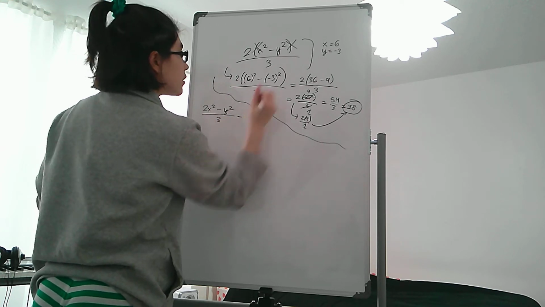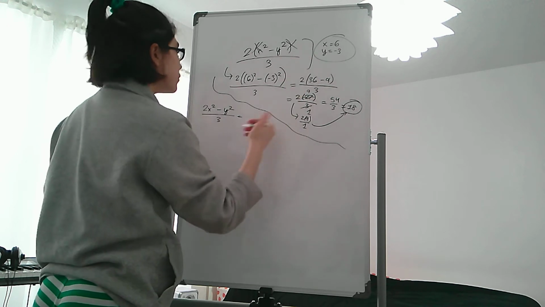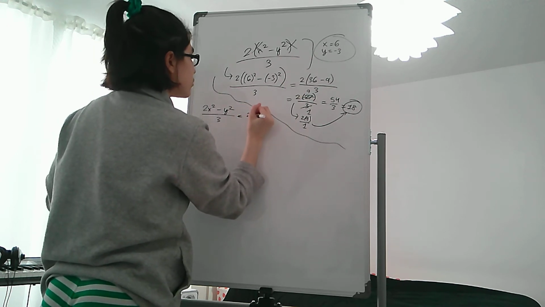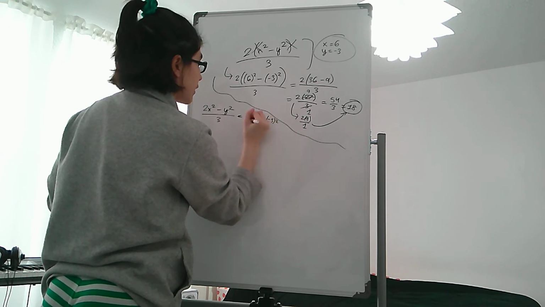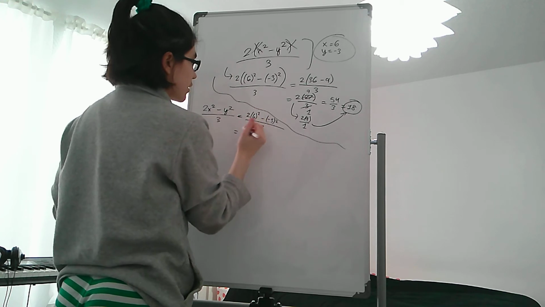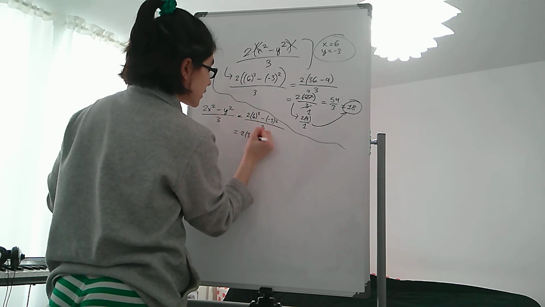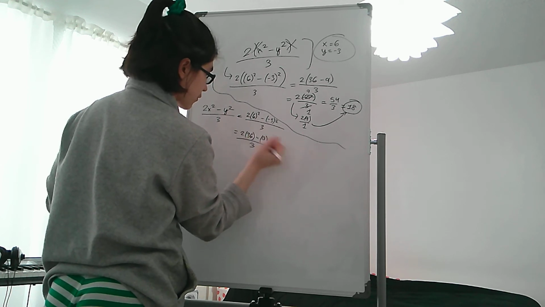Well, using the same x equals 6, y equals -3 code, that would give you 2 times 6 squared minus -3 squared over 3. It sounds about the same, but really it's not, because you get 2 times 36 minus 9, right? And then you have over 3.